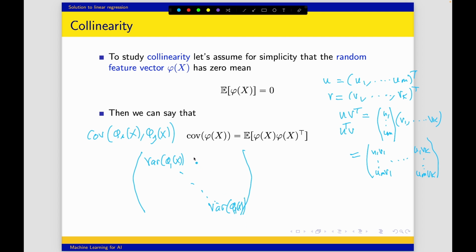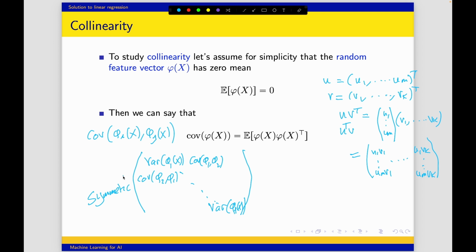And in the off-diagonal terms, we're going to get here the covariance of psi 1 with psi 2, and here we're going to get the covariance of psi 2 with psi 1. But these are the same, right? The covariance operation is symmetric. It doesn't matter which way around we put these. So these are equal, and we'll have the same throughout. And so this will be a symmetric matrix.